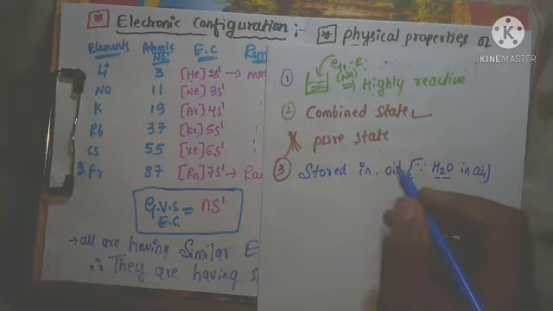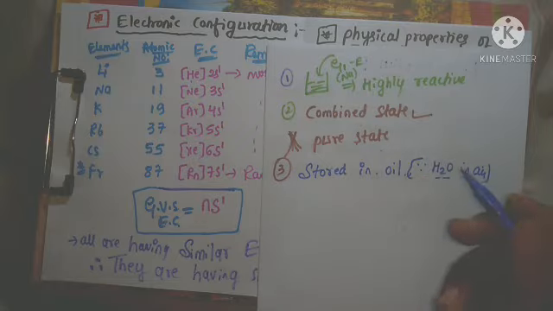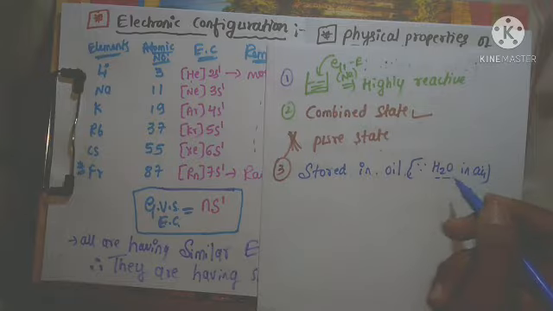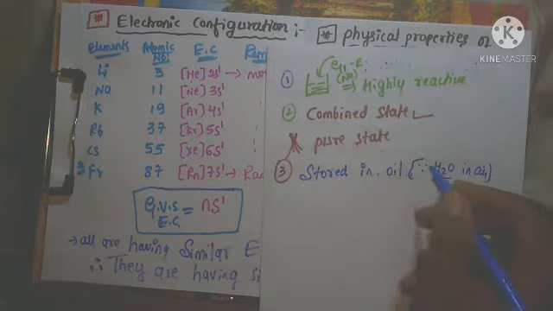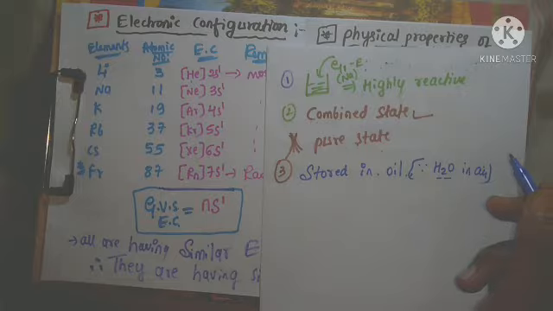Why are group 1 elements stored in the oil? Air moisture is there, moisture means water molecules are there. When those water molecules come in contact with the group 1 elements, again they start the reaction. Therefore they should be stored in the oil.